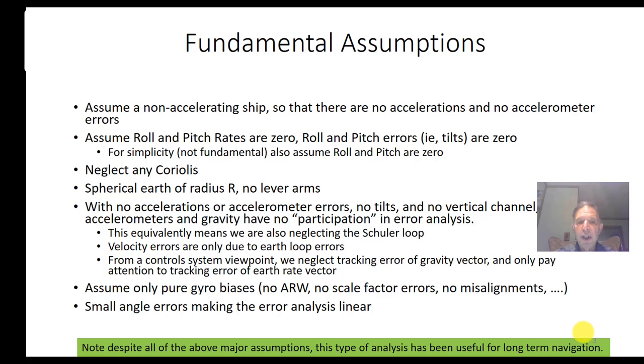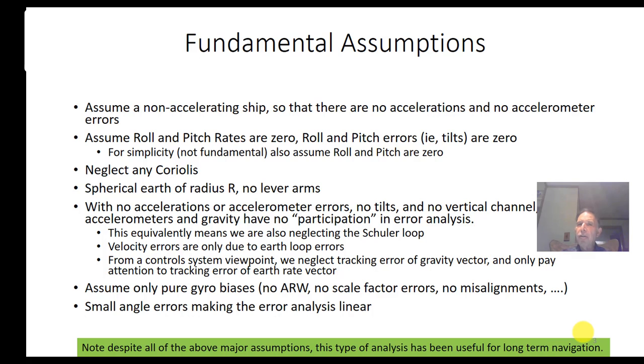In terms of looking at gyro errors, we'll be assuming all gyro errors are biases. That is, there'll be no angular random walk or any scale factor errors, no misalignments, no non-orthogonalities. We'll also assume that small angle errors apply.